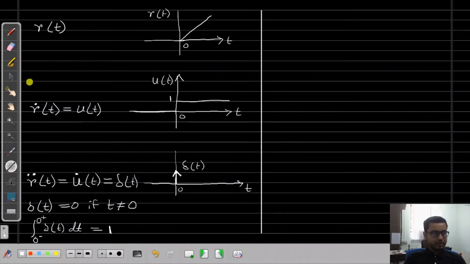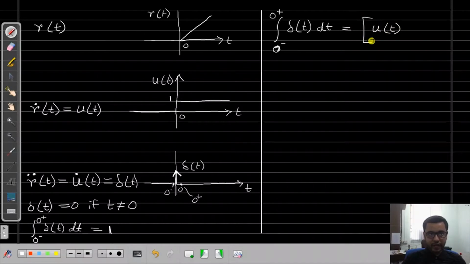Now you should observe one fact, that this integration from 0 minus to 0 plus, so 0 minus is a point very close to 0 but slightly before that, and 0 plus is a point slightly after the origin, this integration can be written as u of t evaluated at 0 plus and 0 minus, because the derivative of u is delta t.